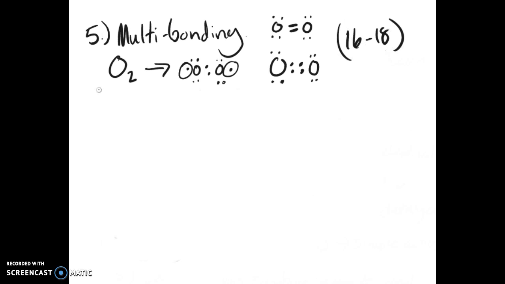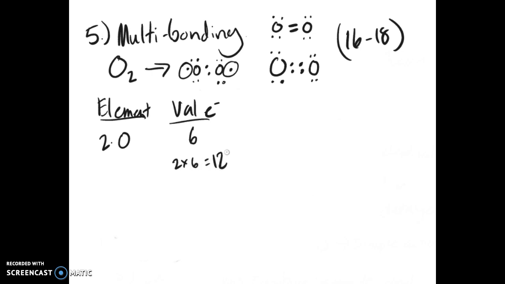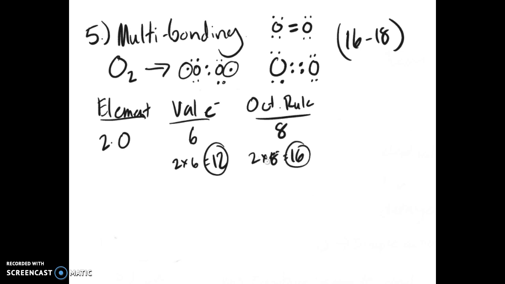Now I'm just going to use the example of O2 because that's already what we have up. You'll have your element, which in this case we have oxygen, and we have 2 oxygens. How many valence electrons they have, which is 6, but in this case it's 2 times 6, which is 12. Then, how many does it need to meet the octet rule, which for oxygen is 8. 2 times 8 again, 16.